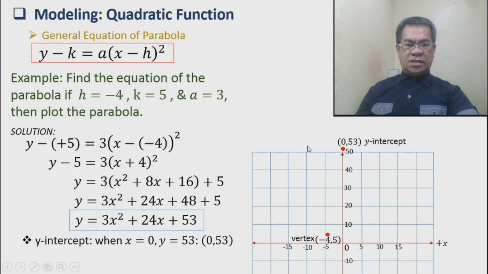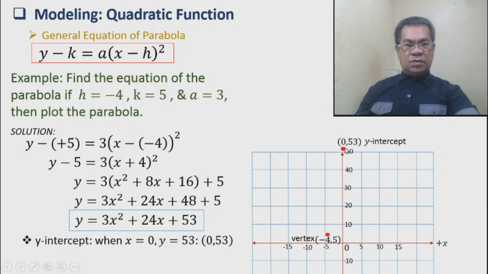The points opposite to this line are called the points of symmetry, located on the opposite side of the parabola. If you connect a line here, this will form a curve, which is half of the parabola from the vertex. So you have another curve here, symmetric to these points also.